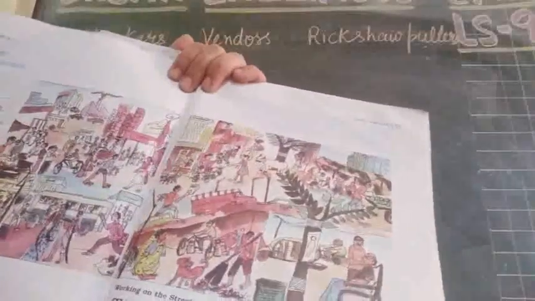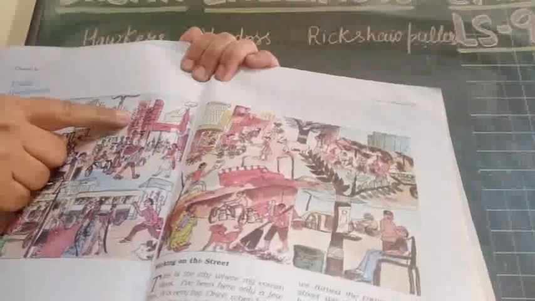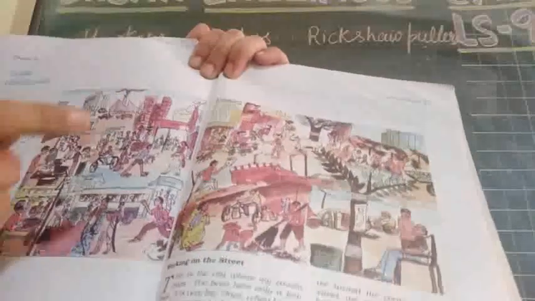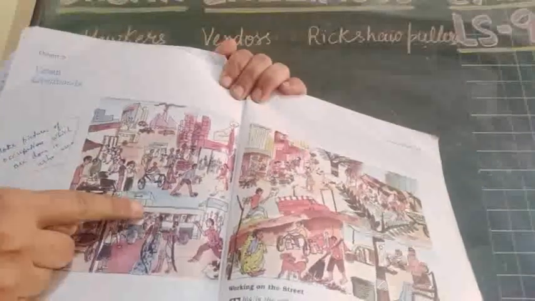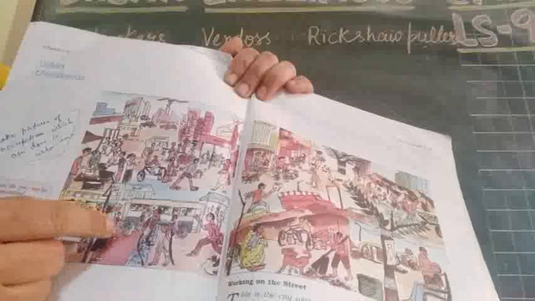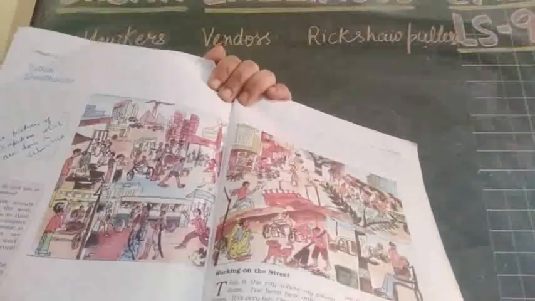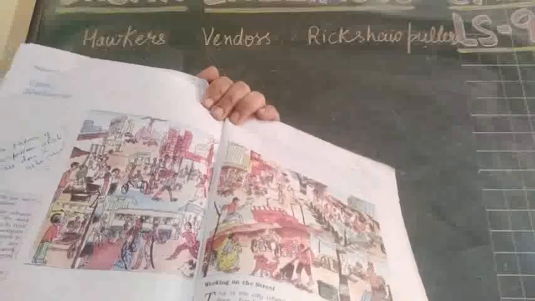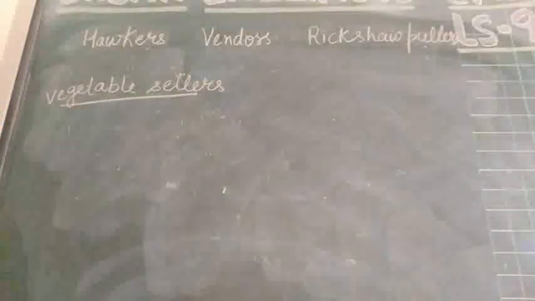Just look at the book. Some parts of the cities have high-rise buildings. Some parts of the cities are crowded and congested, which are occupied by vendors and shops. Clear, children?